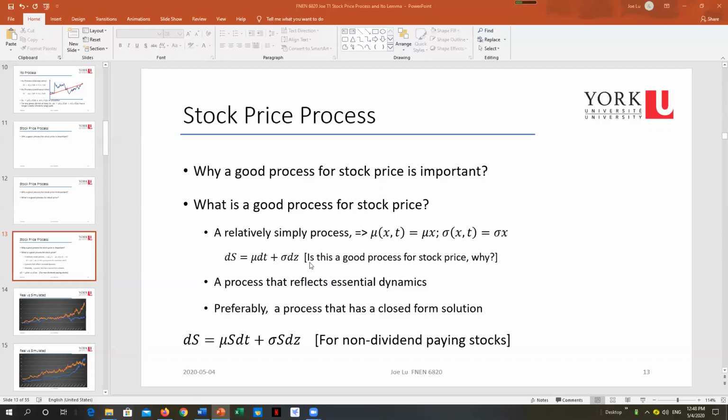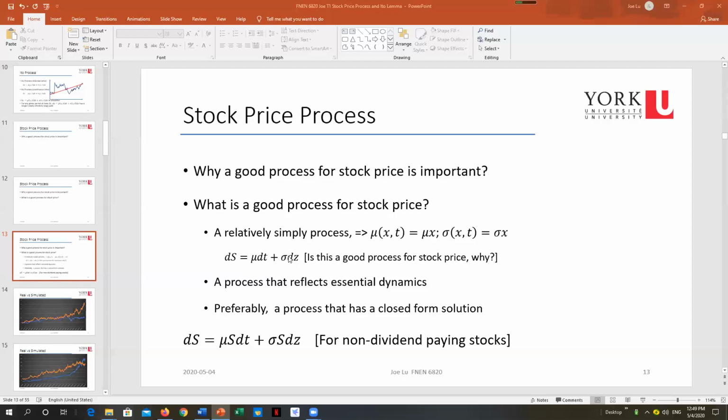Why? Because here, mu is some positive number. So if there are no random terms here, the stock price is expected to increase over time.